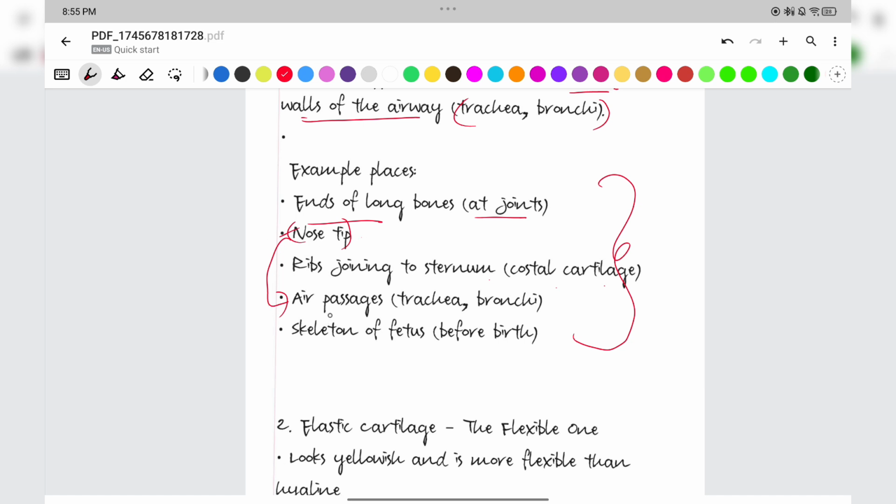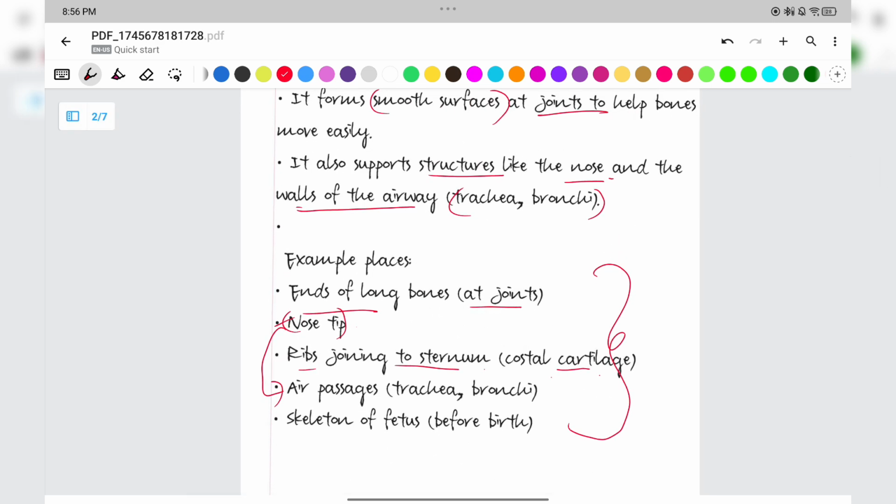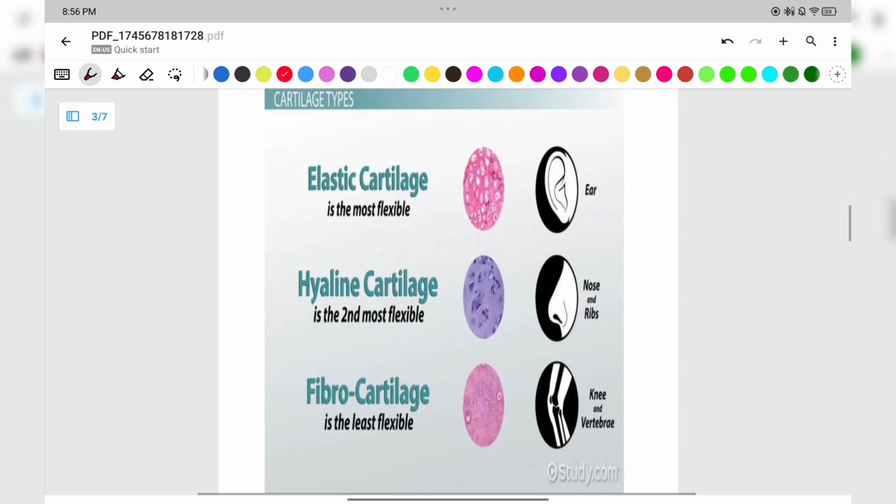Nose tip, air passages. It will be easy to remember like this, since both have a connection. And ribs joining the sternum, the costal cartilage. The ends of long bones, generally at the joints, give smooth surfaces to help bones move easily. Okay, this is the hyaline cartilage.